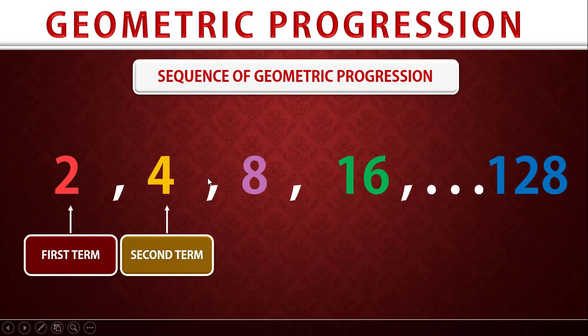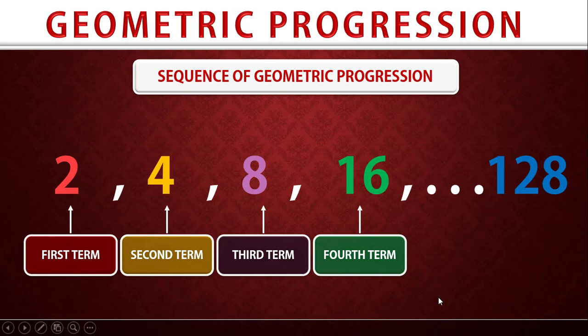After the second term, the next one is the third term. So our 16 here is the next one after the third term, and that is the fourth term. Then in this particular sequence, you can see this 128 is the last term. So we call this the last term, or you can also call it the end term.